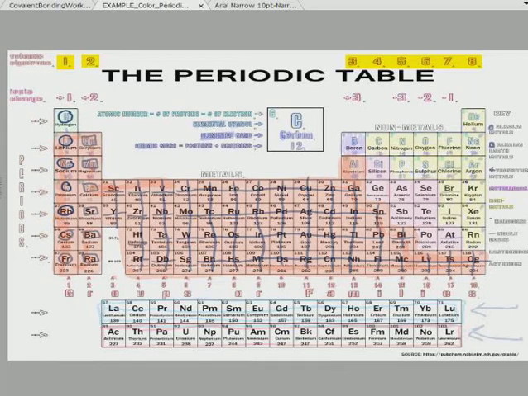The valence electrons are representative of each group, which is where we're getting the electrons to put around the element for the Lewis dot structure.